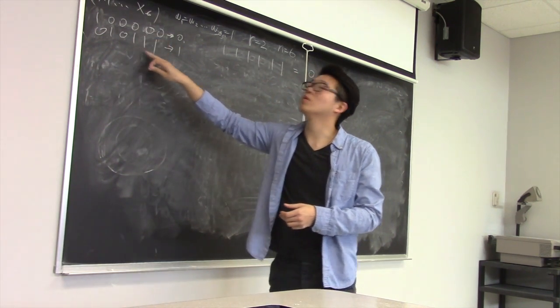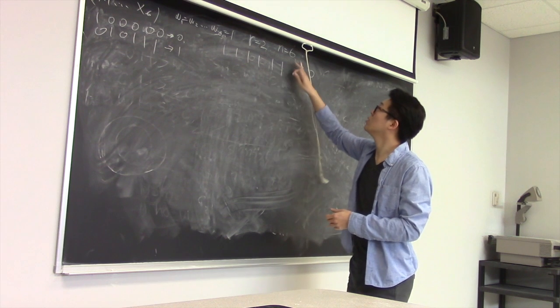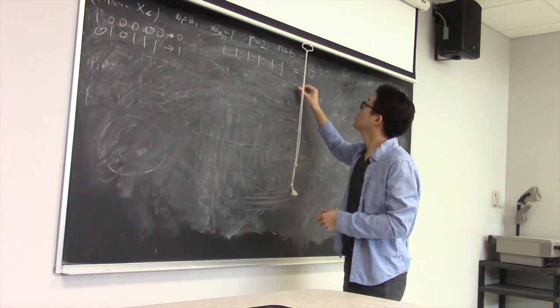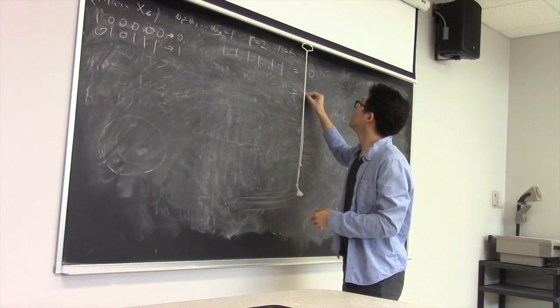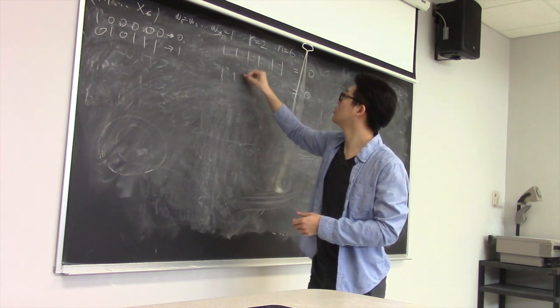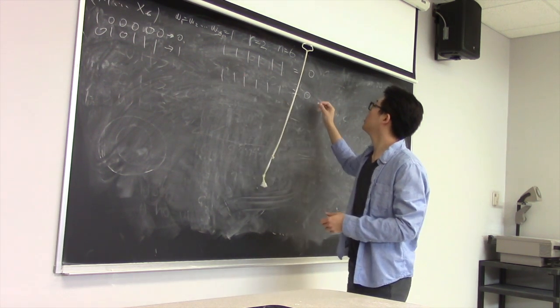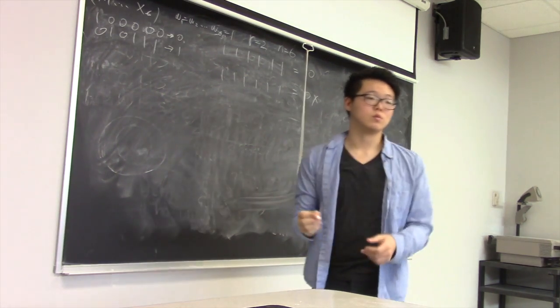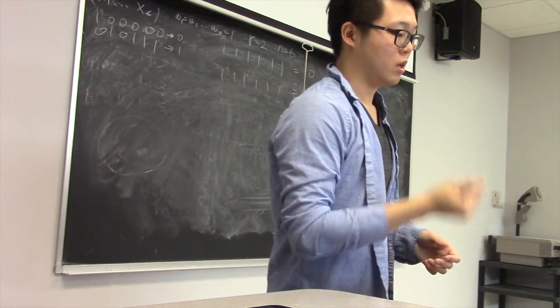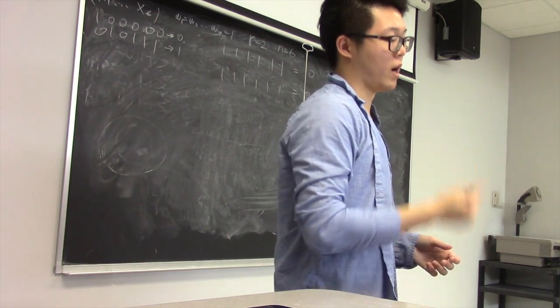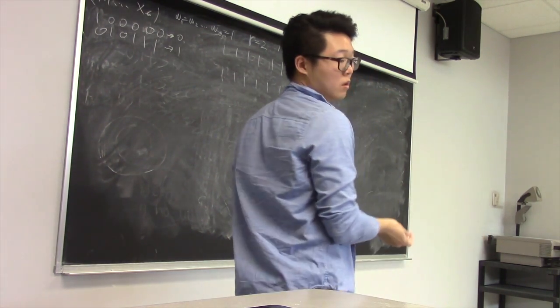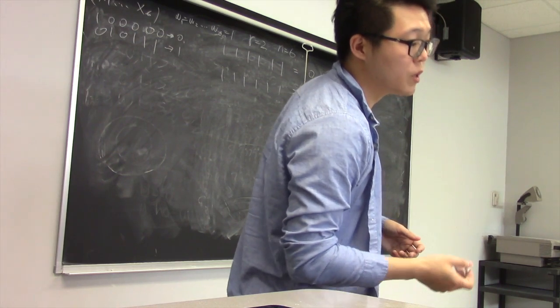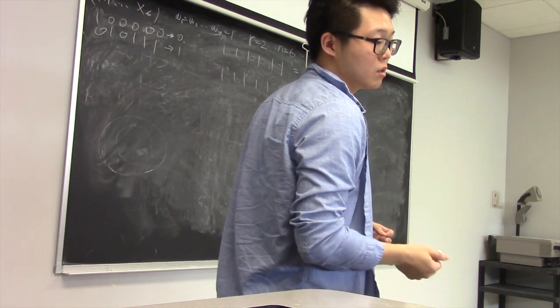So the output will be 4, and 4 is lower than 6, so we predict 0. But it is wrong. So we have to take the weights to half. No, we do the promotion, sorry.